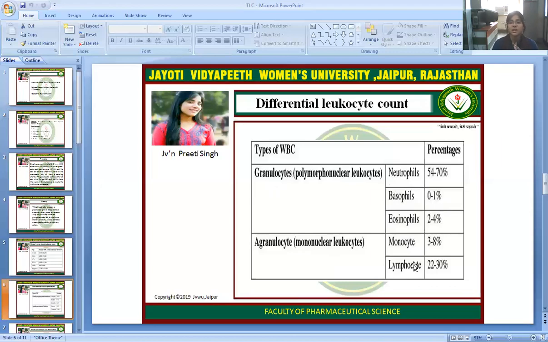Neutrophils are 54 to 70%, basophils 0 to 1%, and eosinophils 2 to 4%. Agranulocytes, the mononuclear leukocytes, contain monocytes 3 to 8% and lymphocytes 22 to 30%. So this is the differential leukocyte count on the basis of types of WBC and their percentage.